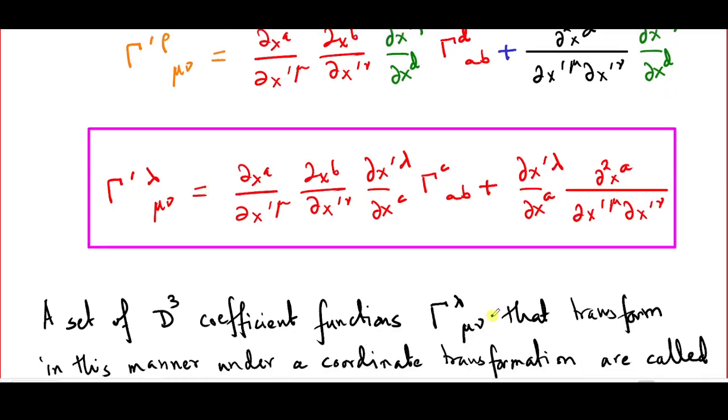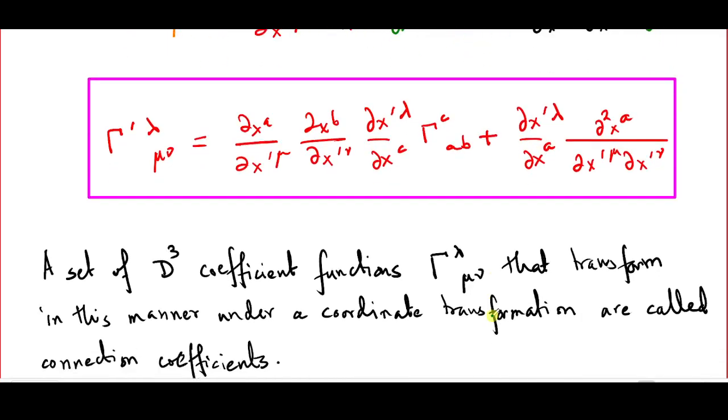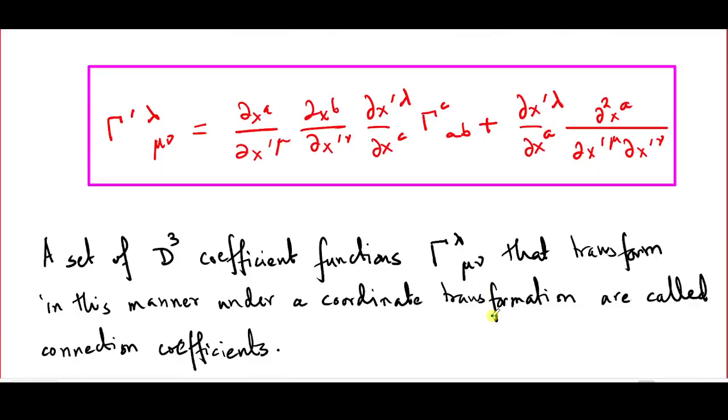Now, what are these things called? They are called connection coefficients. This is a set of d-cube coefficient functions gamma lambda mu nu, which you can define in one coordinate system and then demand that when you change the coordinate system to something else, it has to transform in this particular manner.